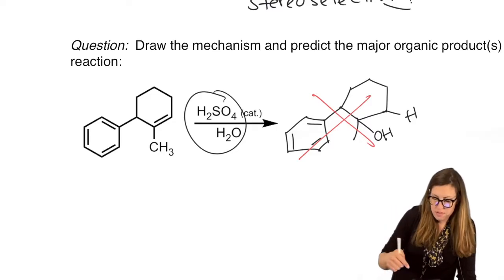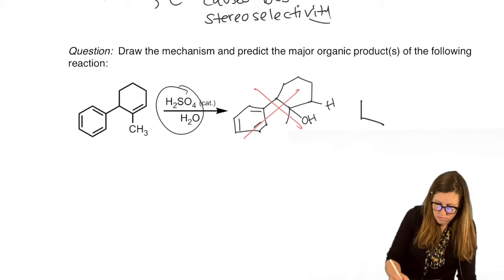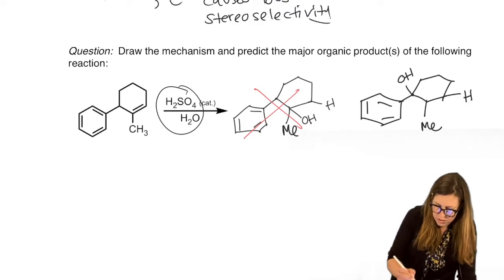Why is this wrong? I'm going to show you the right answer. So redraw the framework. I've got the OH over here, and I've got an H over here. And my methyl is still there. I'll even draw the methyl.